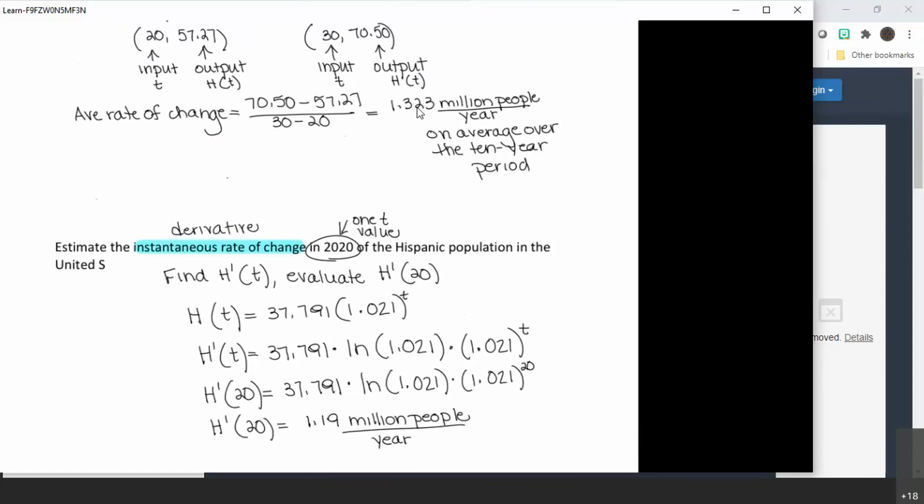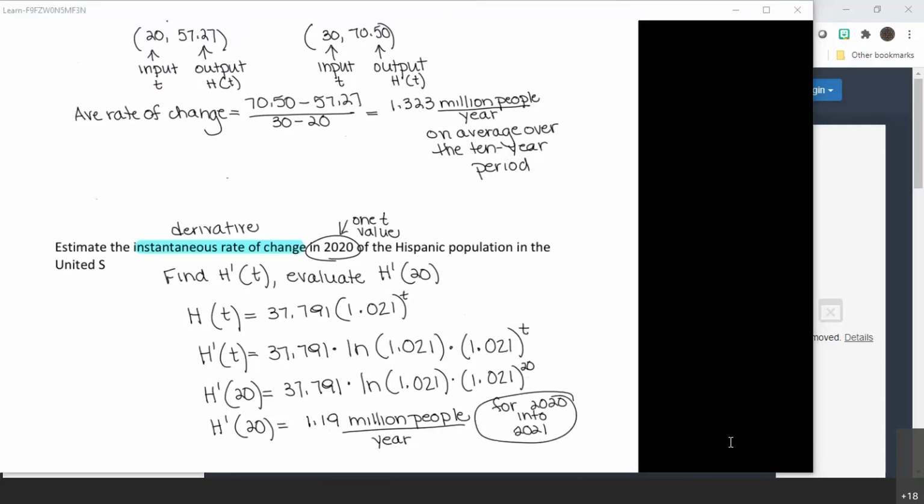The fact that this number is higher tells me maybe these rates are going to increase as the decade progresses between 2020 and 2030. So this is for 2020 into 2021, like a marginal rate, and this is an average over 10 years.